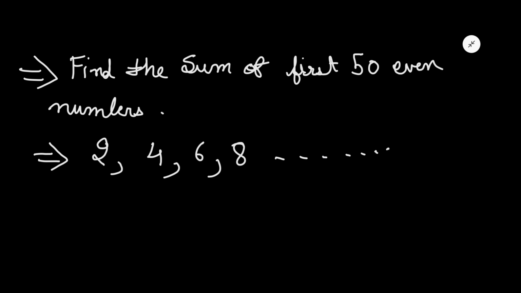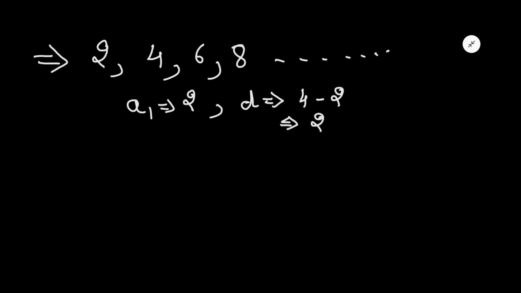So here the first term is equal to 2. Common difference is equal to a2 minus a1, which is 4 minus 2, also equal to 2. And here we have to find the sum of first 50 even numbers. So it means the value of n is given, which is 50.